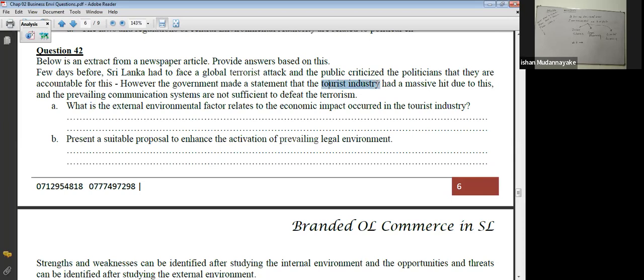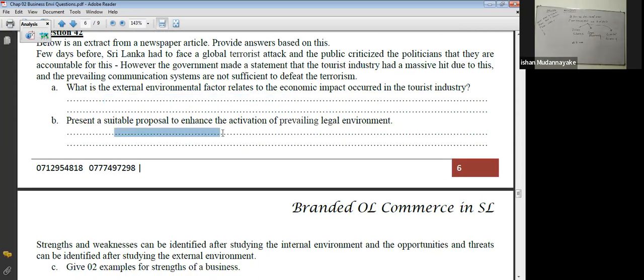The government statement regarding the tourism industry had a massive hit due to this. What is the environmental factor? Where did the economic impact occur? The tourism industry had a massive hit due to this. So we can take the economic environment, and write down economic environment.